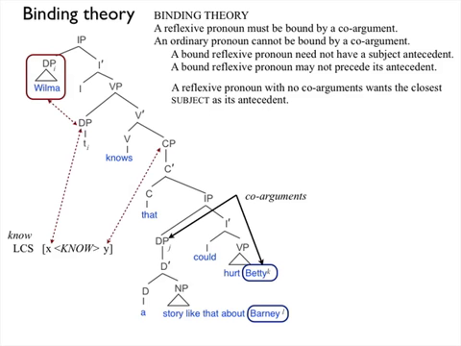The binding theory, as we've got it, says that Betty, the thing in the Betty slot, should that be able to be bound by Wilma? The thing in the Betty slot. Wilma knows that a story like that about Barney could hurt her or herself. Is the question, right? Her, right?